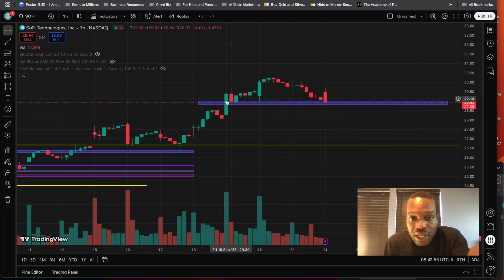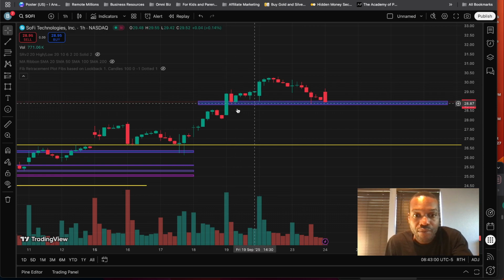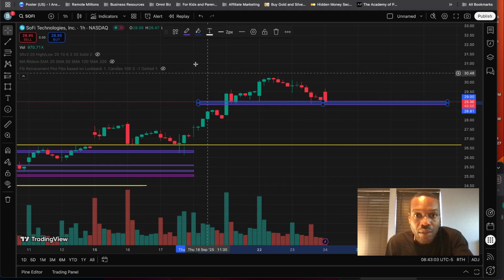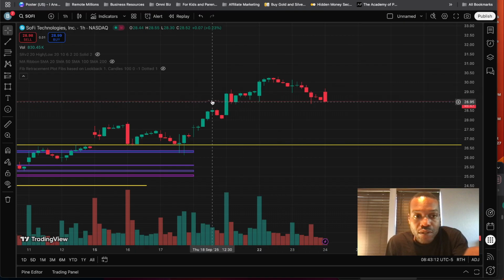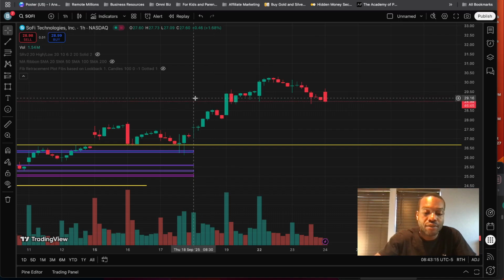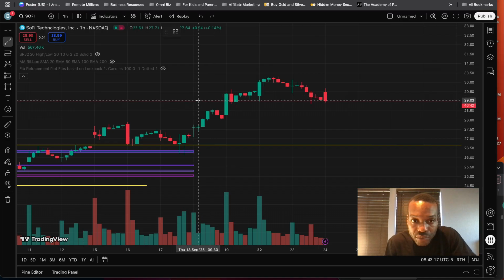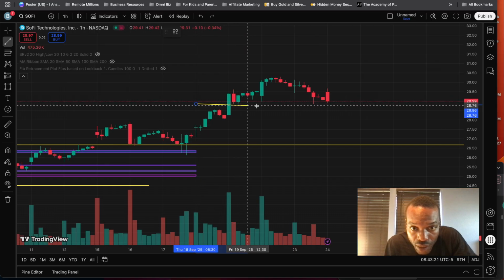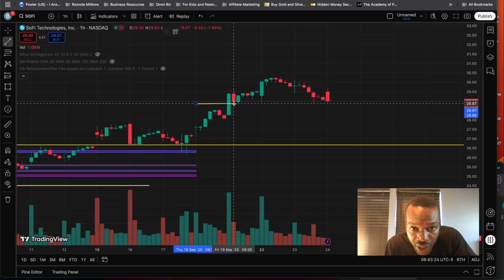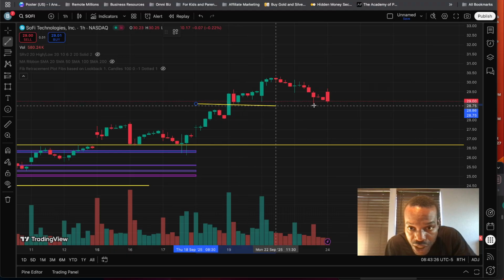So the floor, if I did just a line by itself, I would do one line to where we call these touches. So basically you could think about it as, okay, this red candle, there's one touch, that's what it's called, two touch, three.